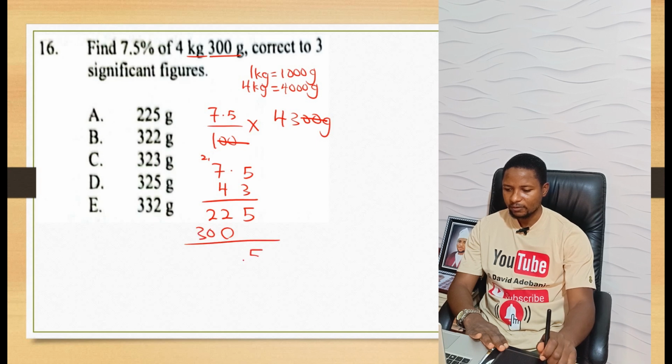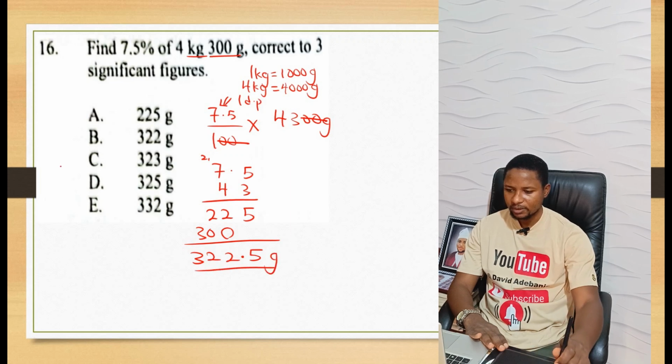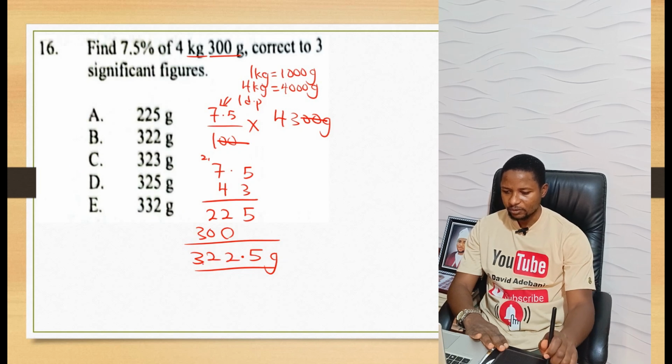So you have 3, 2, 2, 5. But don't forget, we have 1 decimal place, so you have to bring the 1 decimal place back. So this is where the decimal point will be. And don't forget your units. But it's set to 3 significant figures. So 1, 2, 3. So you're going to round this one up.